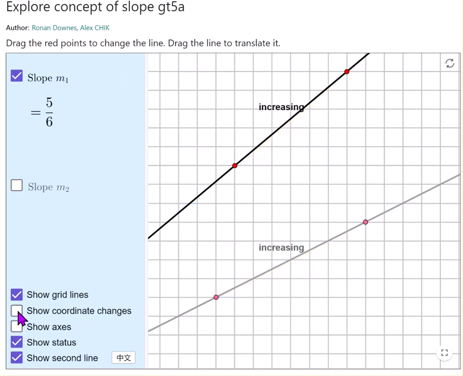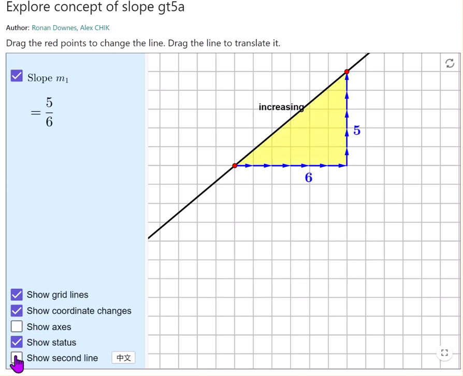We can turn off the coordinate changes and turn them back on again in an animated fashion. We can keep it to one pair of points on one line, and we can turn on and off the status of the line. Let's bring this down to a bare minimum.